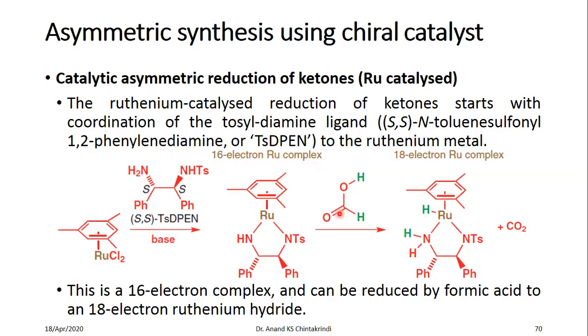Now, this 16 electron complex can be reduced to form an 18 electron complex by either formic acid, H2 or isopropyl alcohol. In this case, we are using formic acid. So it adds the hydrogens here, and the ruthenium forms this 18 electron complex.